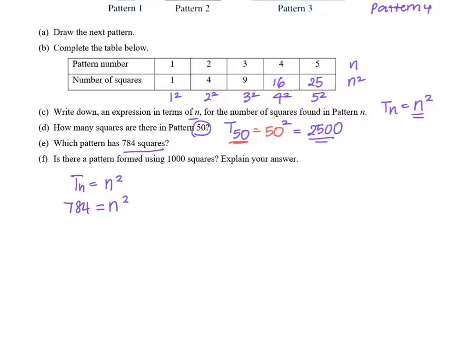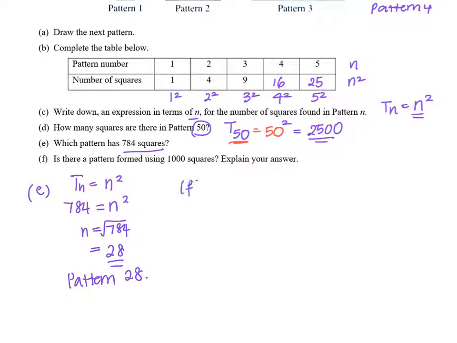What is the opposite of square? Well, it's the square root. So n will be the square root of 784, and it will be 28. So which pattern has 784 squares? That will be pattern number 28.